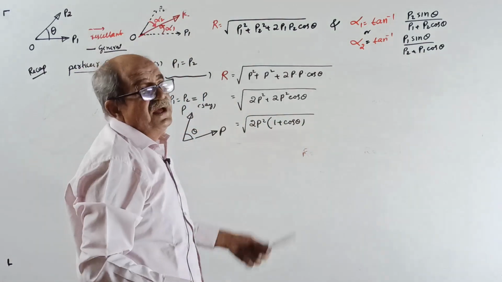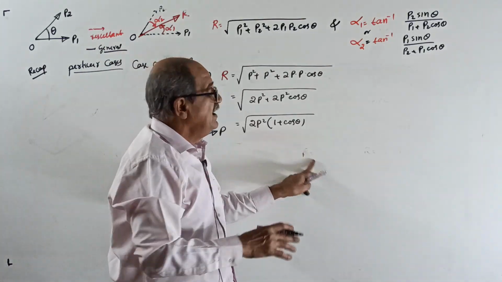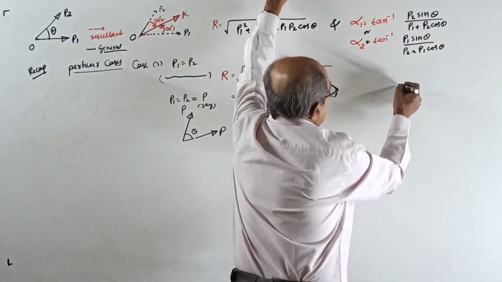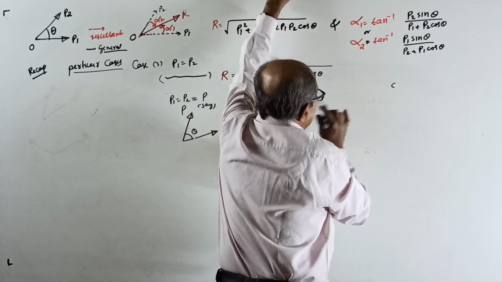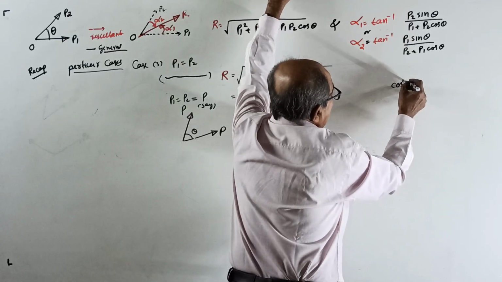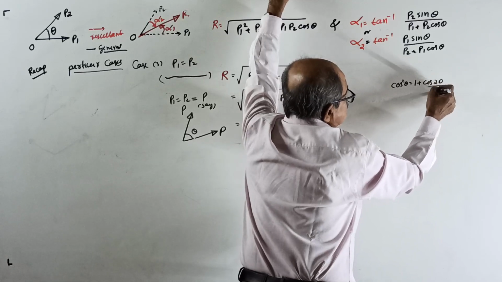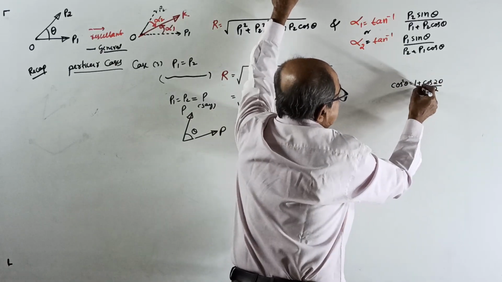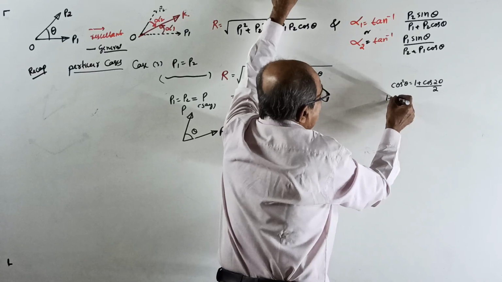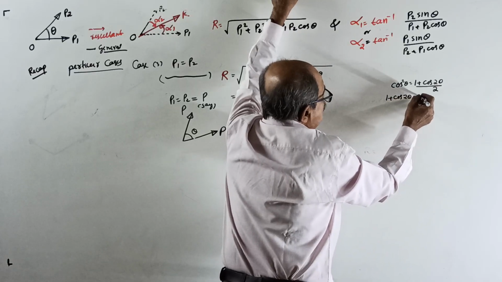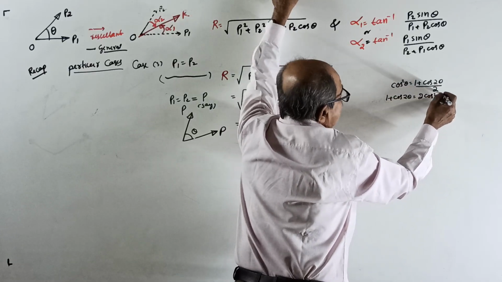Now remember mathematics, not this theta: cos square theta equals 1 plus cos 2 theta by 2. Therefore 1 plus cos 2 theta you can write as 2 cos square theta.